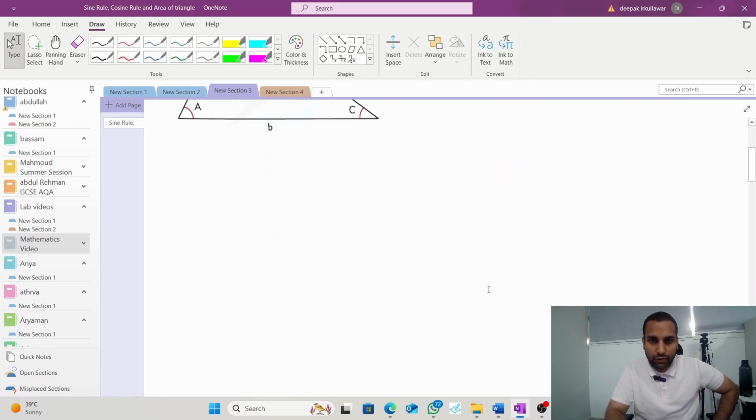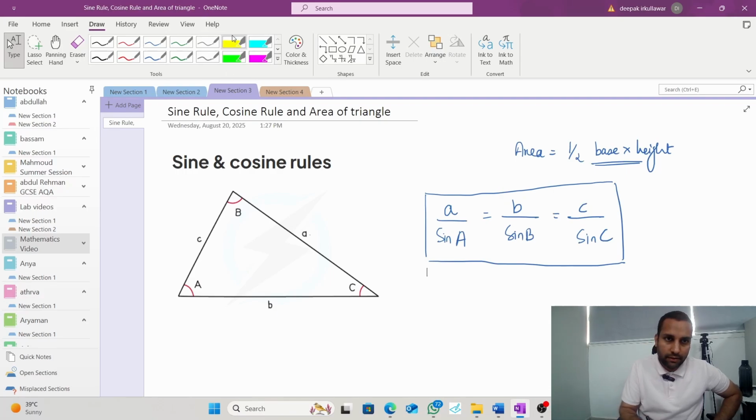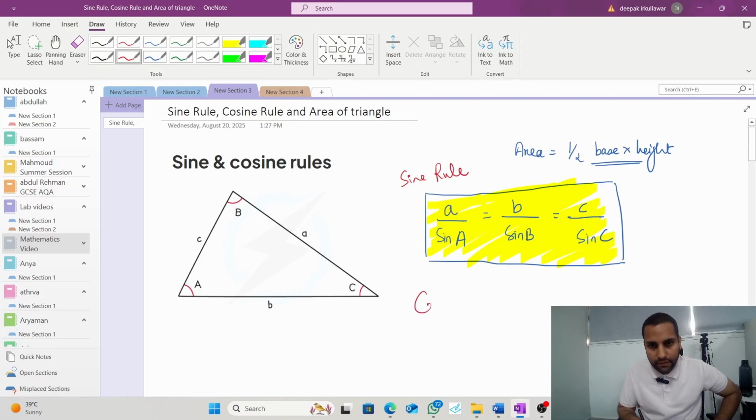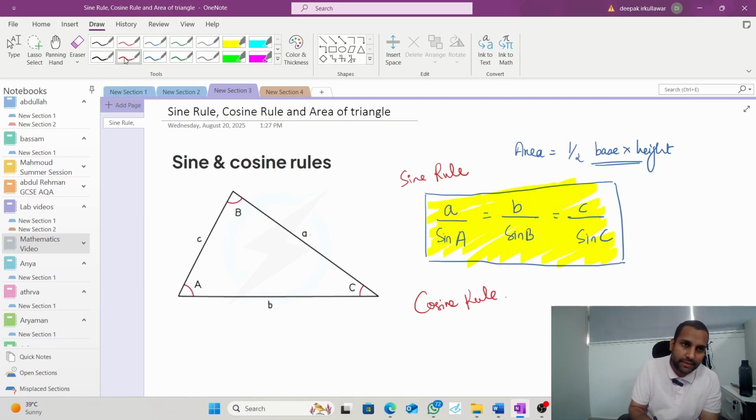I will also tell you what is cosine rule. So I will just write it down here, note it down somewhere. So this is your sine rule. Then you have cosine rule. Now cosine rule, what does it say?